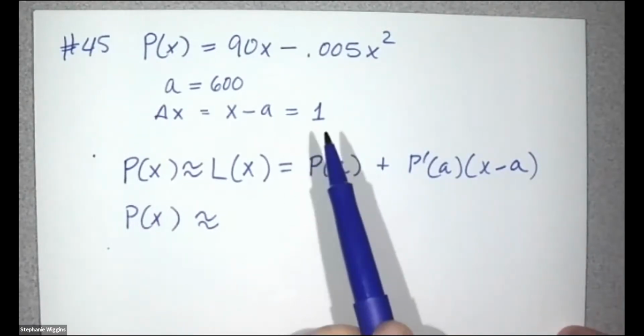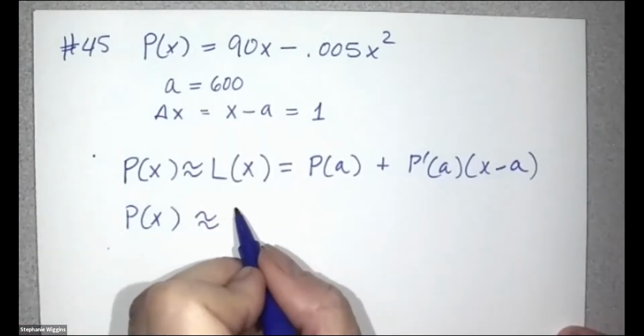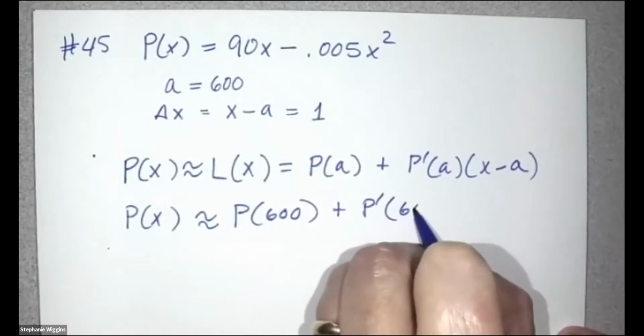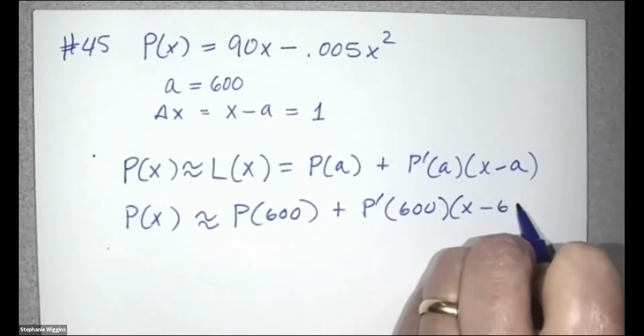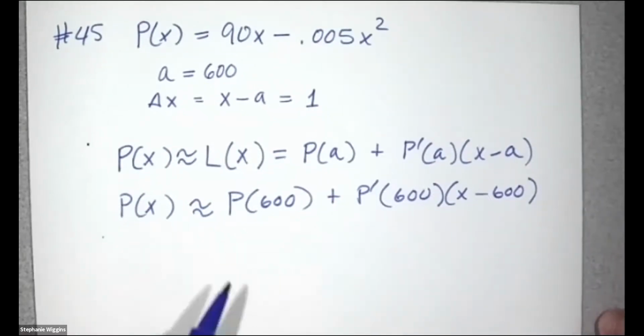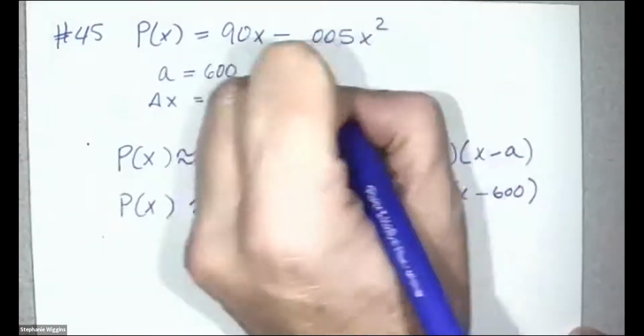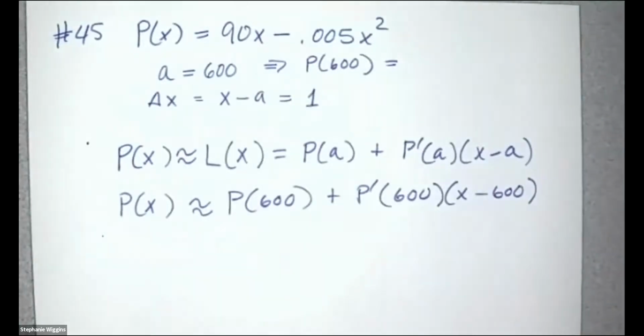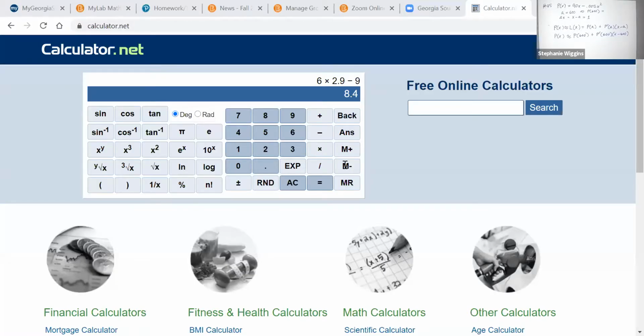Well, P of A is taking your 600, I'm just going to plug this in here. So P of 600, going back to the calculator. Now you don't need to use P of 600, but I'm just going to write this all out for you so that you can understand what I'm doing here.